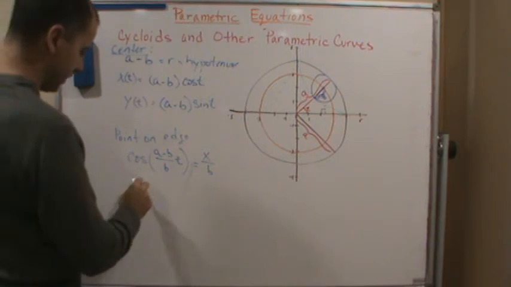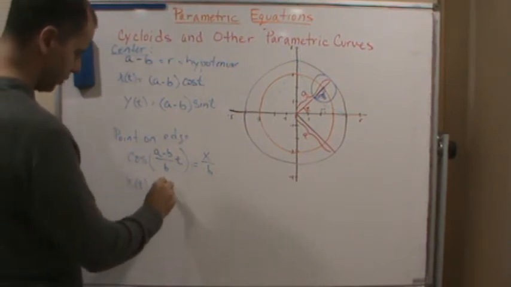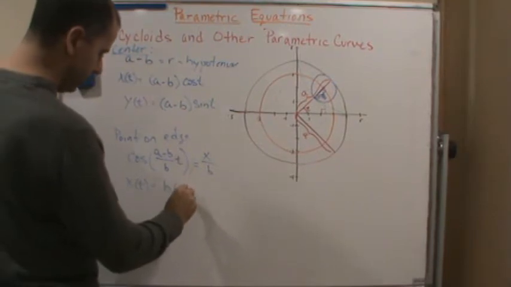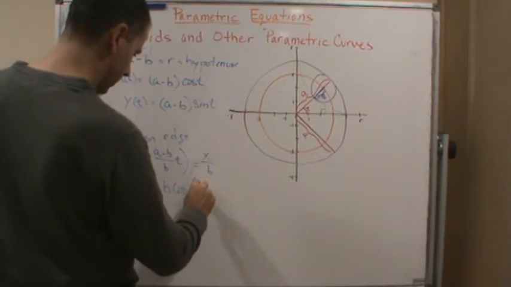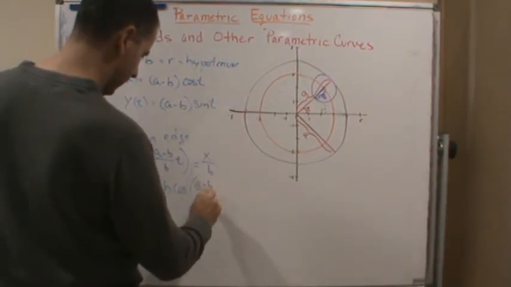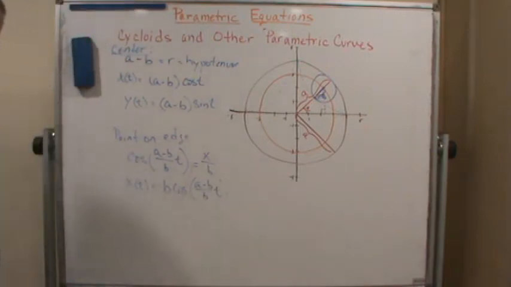So what this gives us is X of T is going to equal B times cosine of A minus B over B times T. Okay, now, similarly, we're going to get something for y of t.